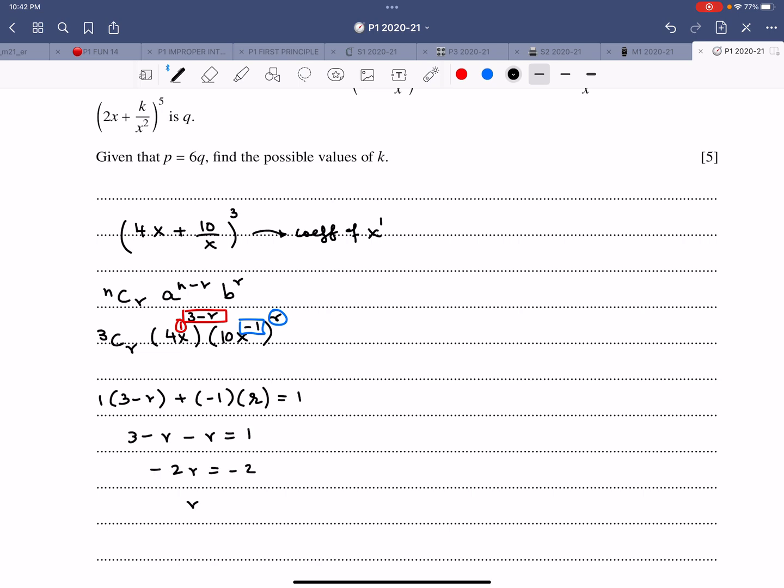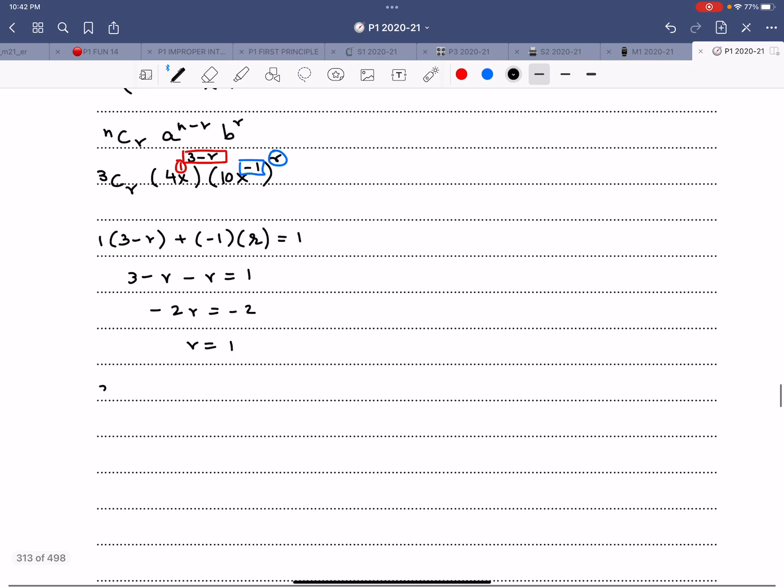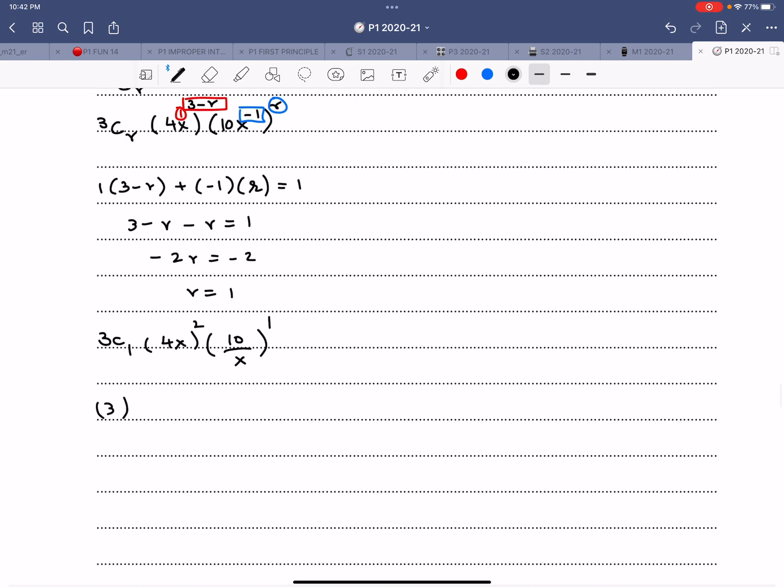Therefore r comes out to be 1. So therefore 3C1. This is 4x raised to power of 2, 10 over x raised to power of 1. 3C1 is 3, 4 squared is 16, x squared is x squared, 10 raised to power of 1 is 10, 1 over x is 1 over x. Double check. This is 2, this is 1. So that's the coefficient of x. So 3 into 16 is 48, so coefficient of x is 480.